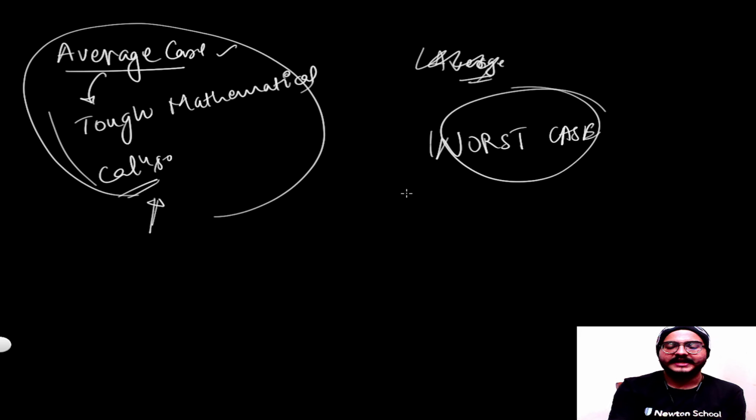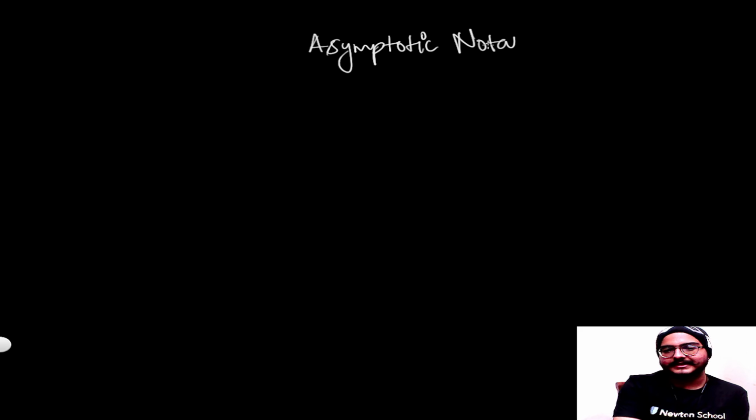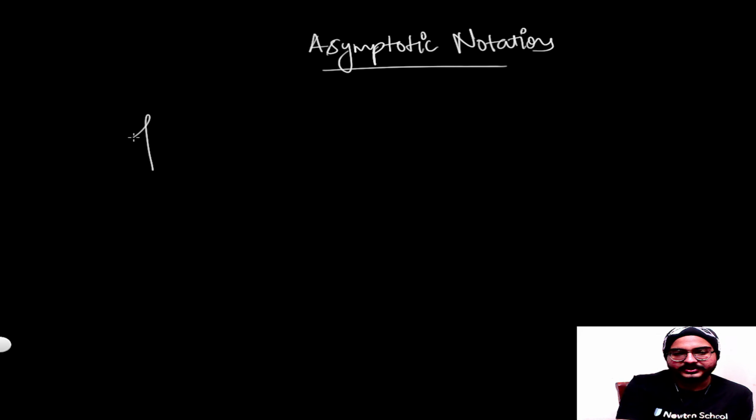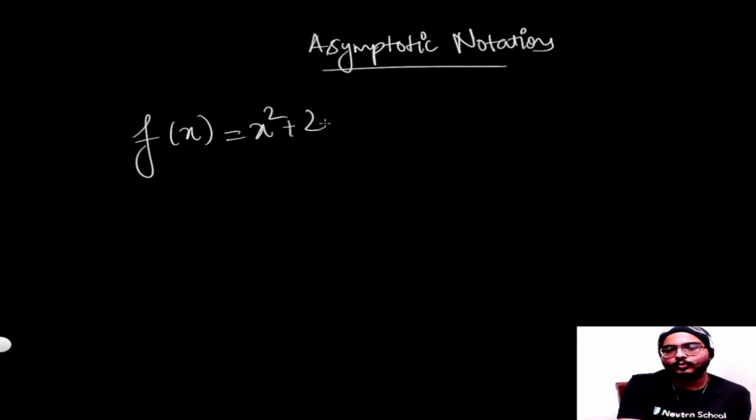So now we are clear of those terms. Now let's understand what asymptotic notations are. To understand this, I will take you back to some earlier things. Let's say this is my function f of x equals x square plus 2x plus 3.